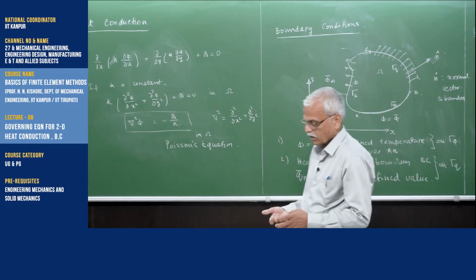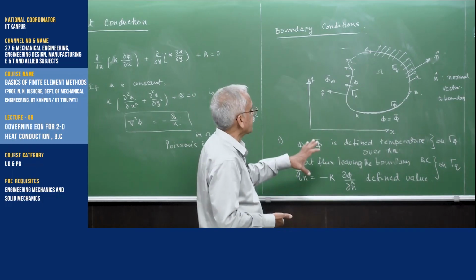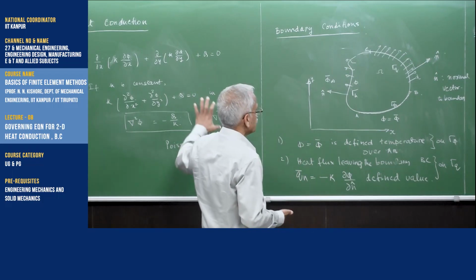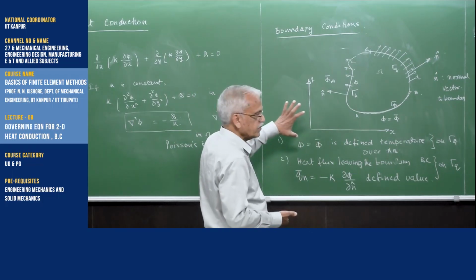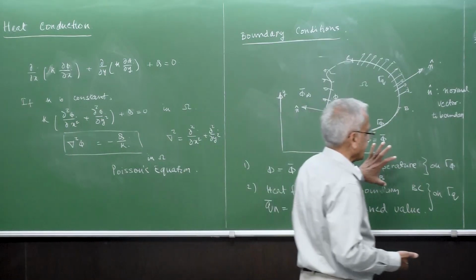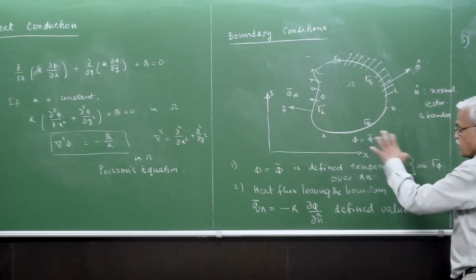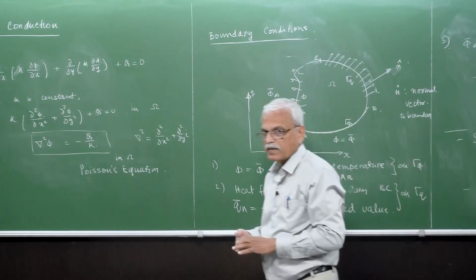So we are going to handle those things also, but for a little time we are going to take up this problem more often. In the heat conduction problem, we understood the whole set of governing equation and boundary condition.